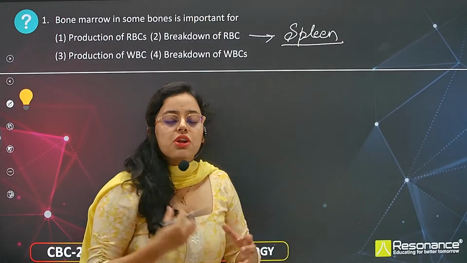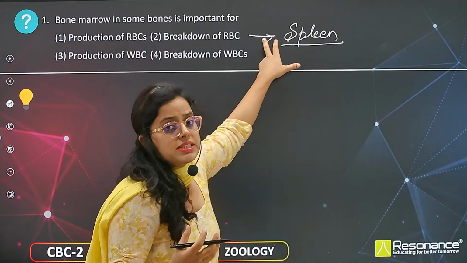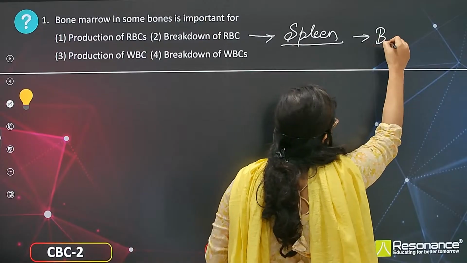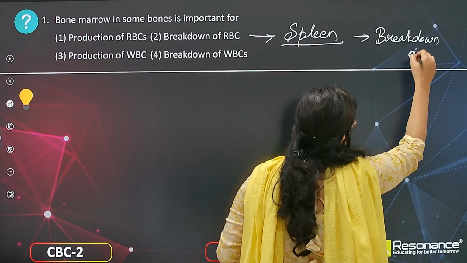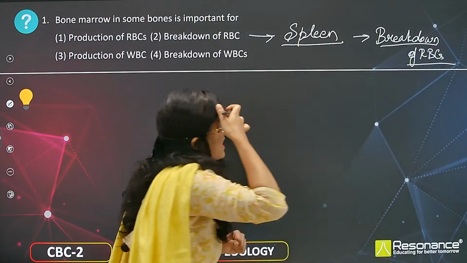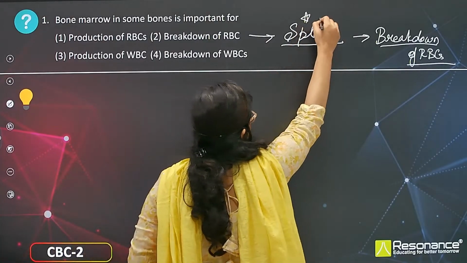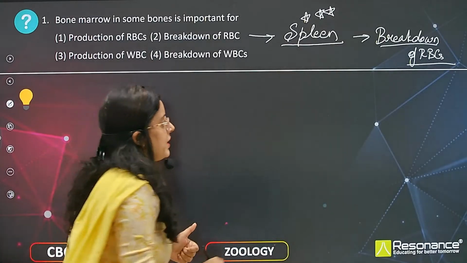After completion of the life cycle of RBCs, the RBCs enter the spleen and the breakdown of RBCs takes place. Okay, so breakdown of RBCs takes place in spleen. This is a very important point that you have to remember. Spleen is the organ where breakdown of RBCs takes place.